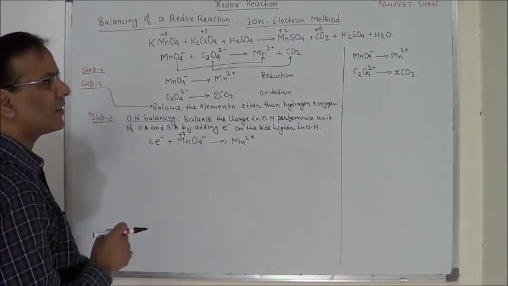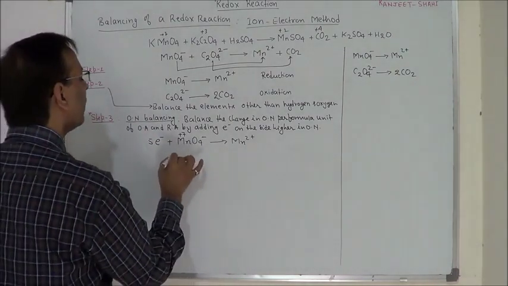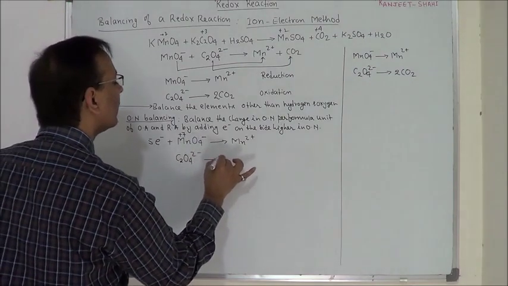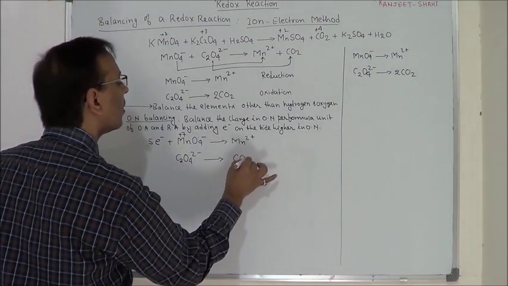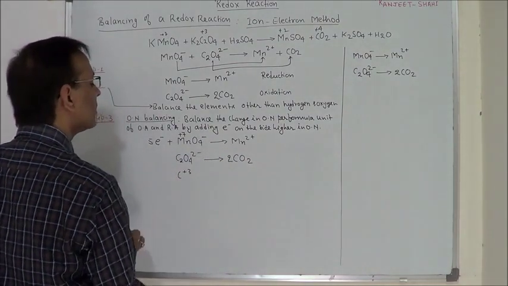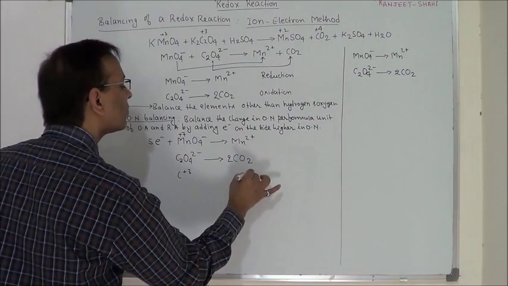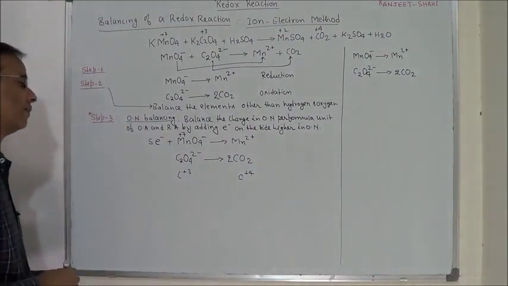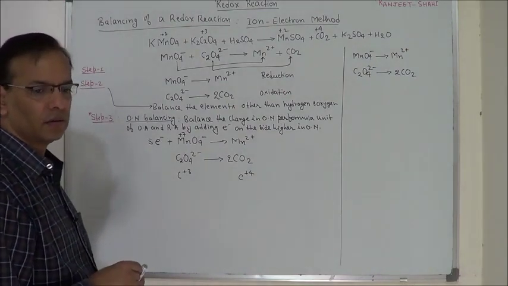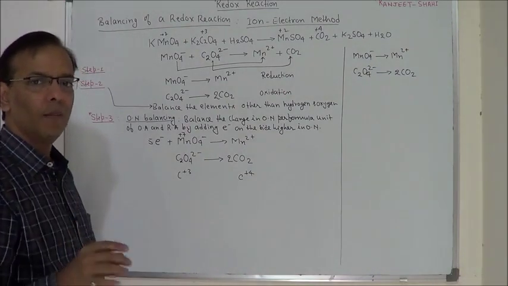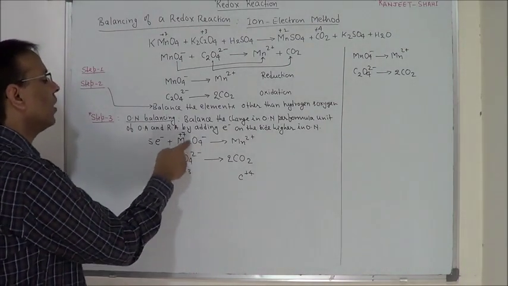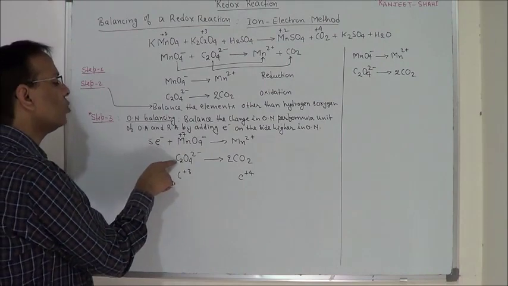If we take the second reaction, in the oxalate ion, individual carbon is in +3 oxidation state on the left side and +4 on the right side. But we need to balance the change in oxidation number for 1 unit of oxalate, and 1 unit of oxalate contains 2 carbon.